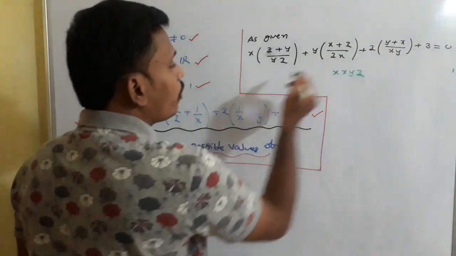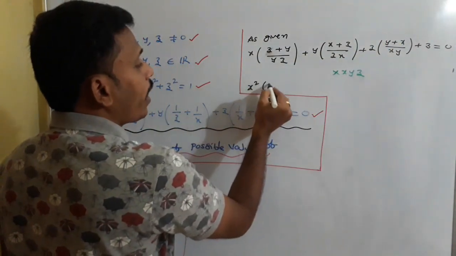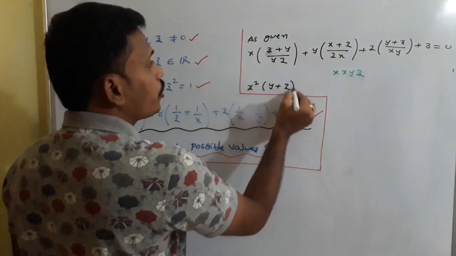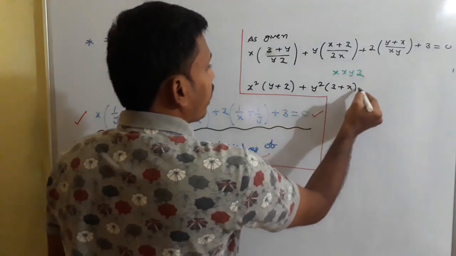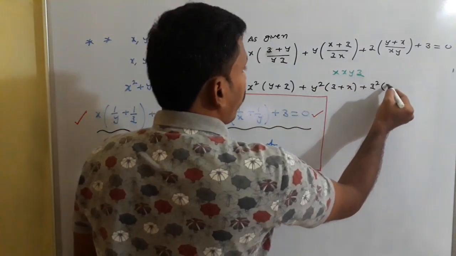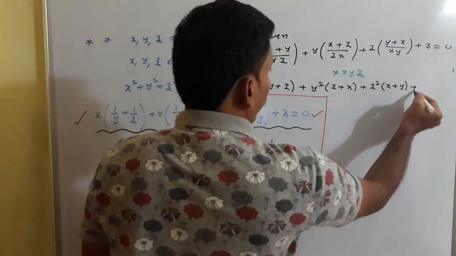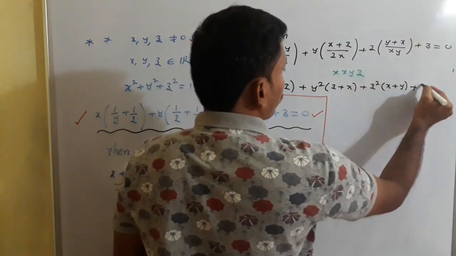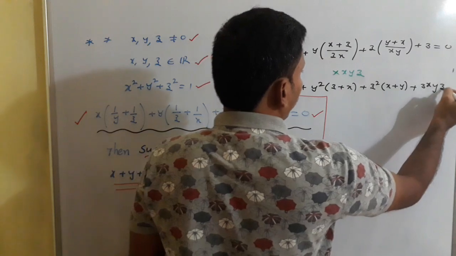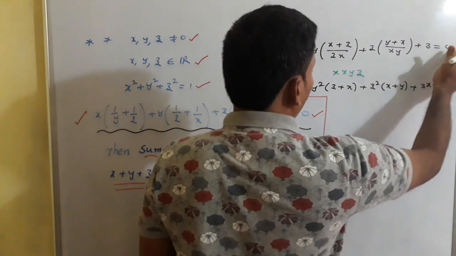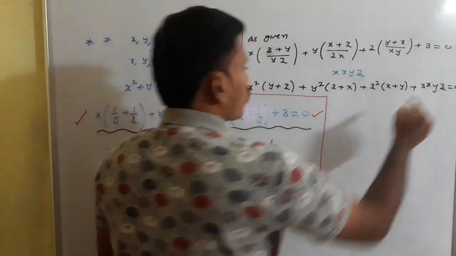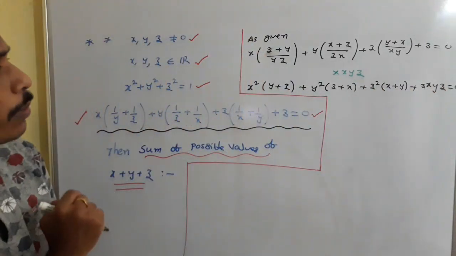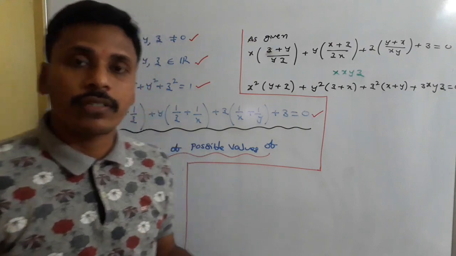So this will become x square of y plus z, plus y square of z plus x, plus z square of x plus y, plus 3xyz is equal to 0, because 0 into xyz is 0. Now observe this: x square of y plus z, y square of z plus x, plus z square of x plus y, plus 3xyz.